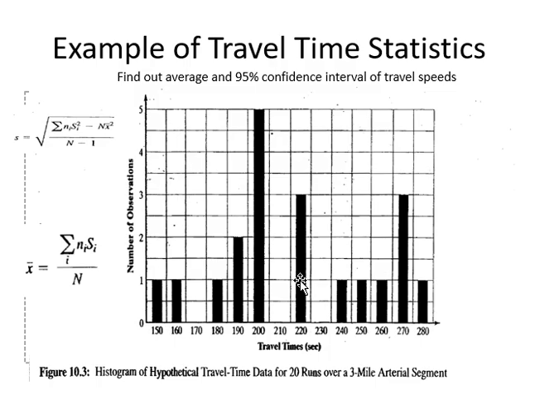Now they are saying that this is the travel time data, and we have to calculate the average speed and the 95% confidence interval of speed. Here the mean and standard deviation are not given, the data is given, and we will calculate it.